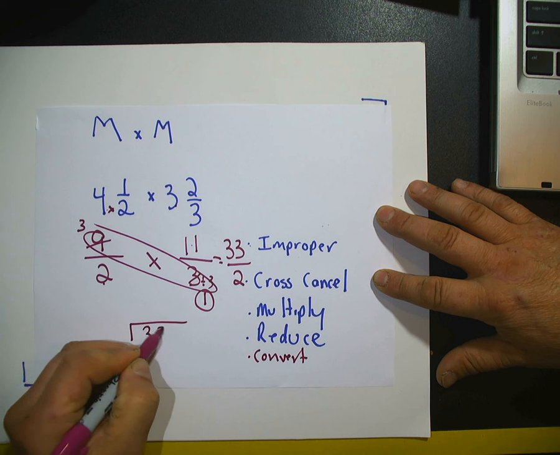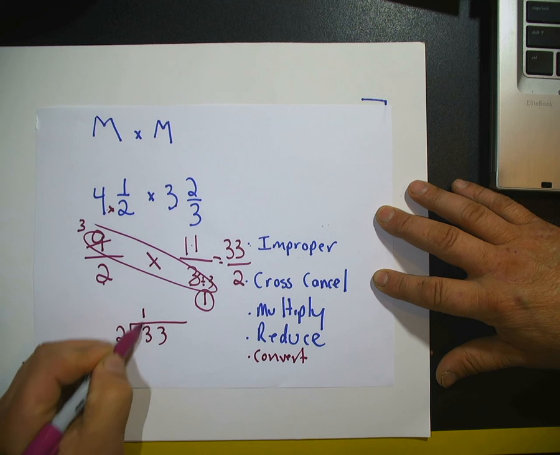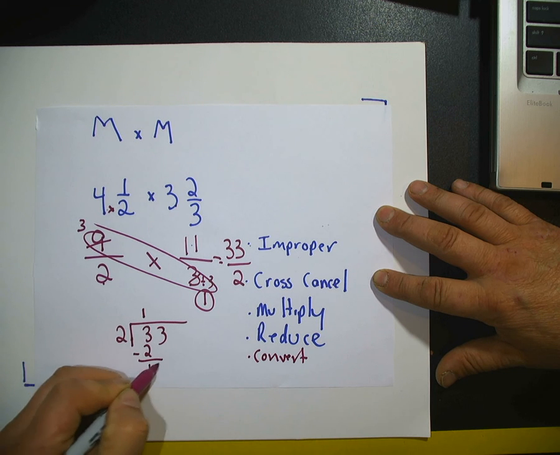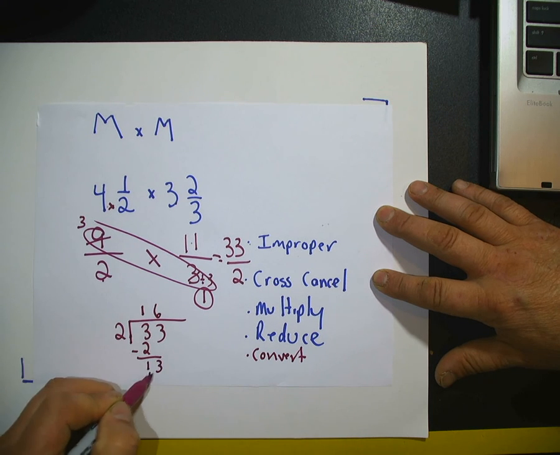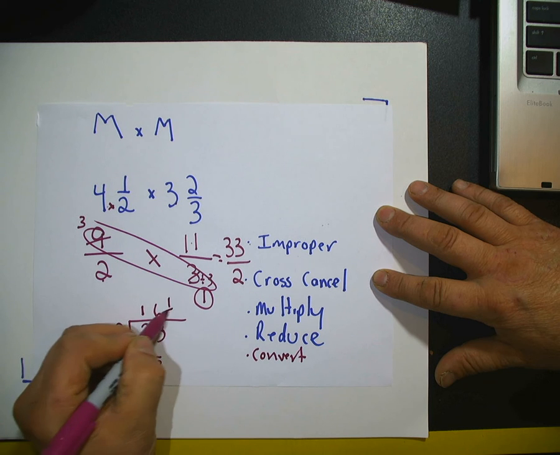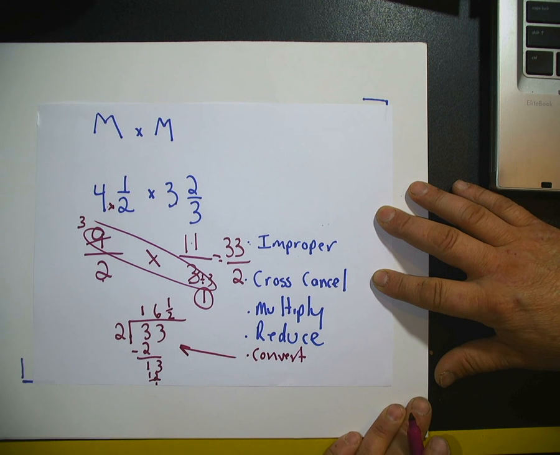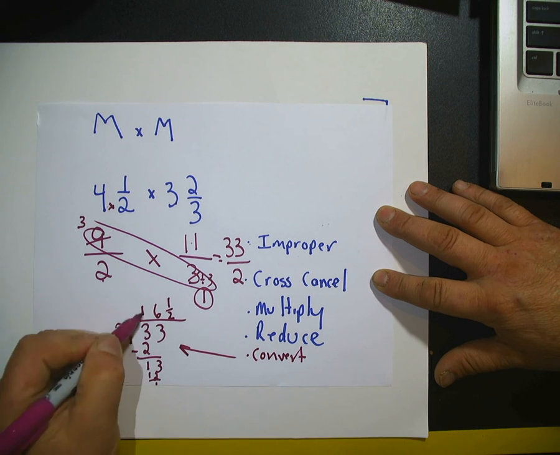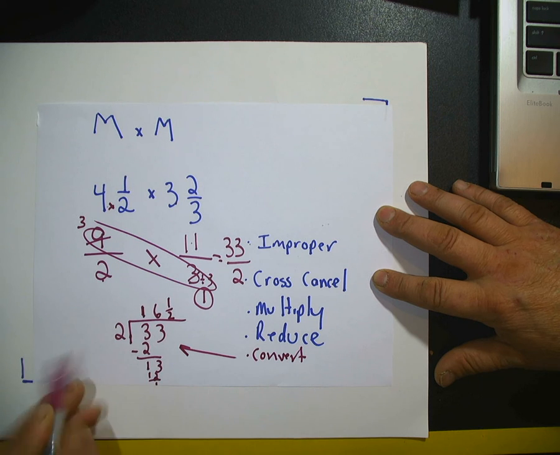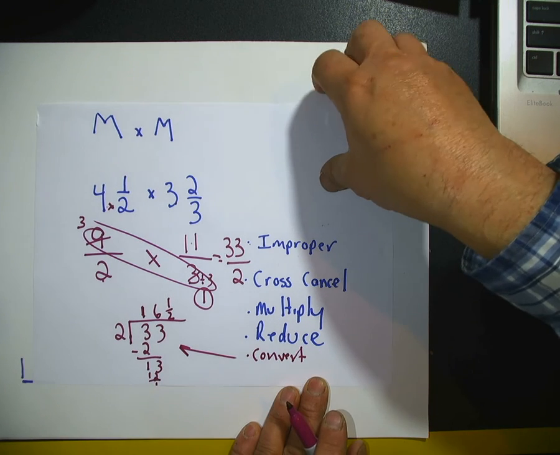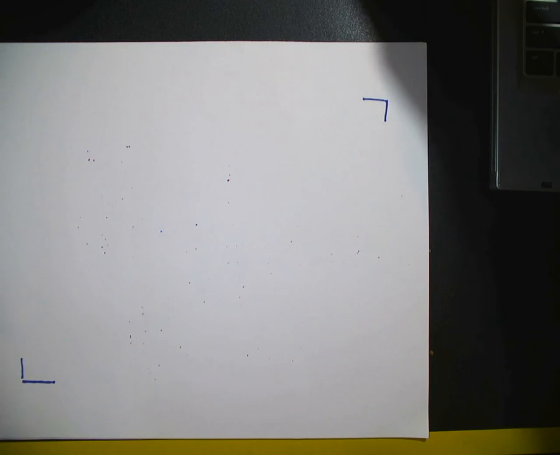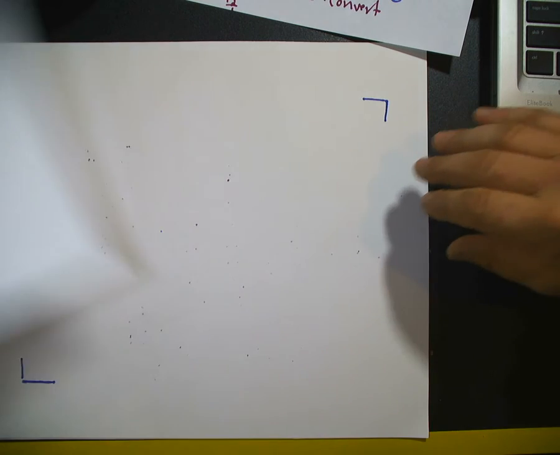I do 33 divided by 2. 16 and 1/2. That's converting. Remember, 16 remainder over the divisor. Mixed times mixed. Okay, the next one.